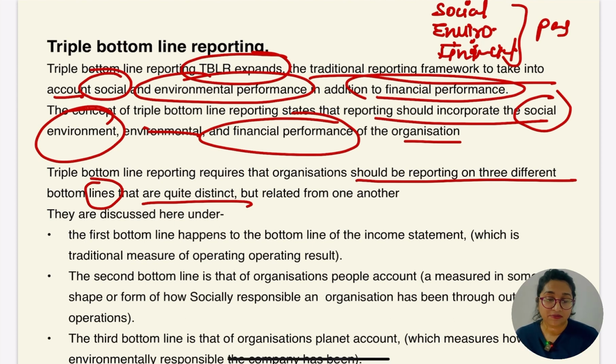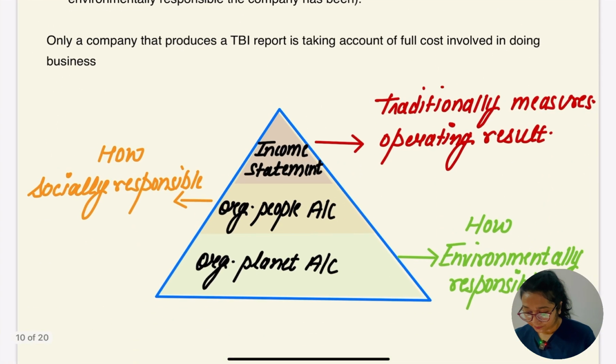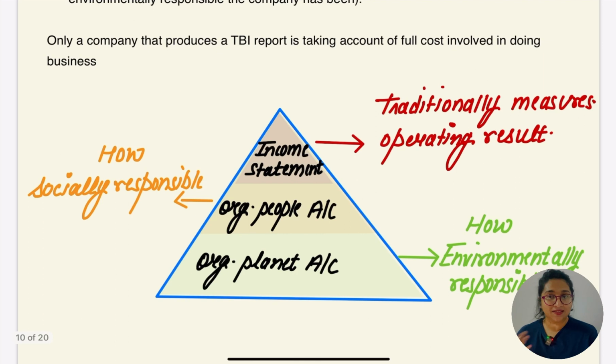We have to identify which part specifies which thing among social, environmental and financial performance. And definitely this question will come in our exam in the form of an MCQ maybe. Before that, let me go to the diagram which I have drawn here.